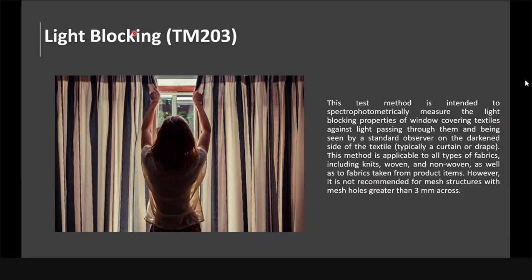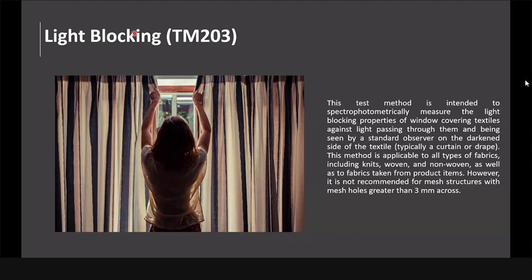So people use cloth and blinds to get natural light and hide privacy. That's why they are using light blocking as well. They want to know that this material is able to let in healthy natural air as well as block the vision from outside. For that, they are doing the light blocking measurement.